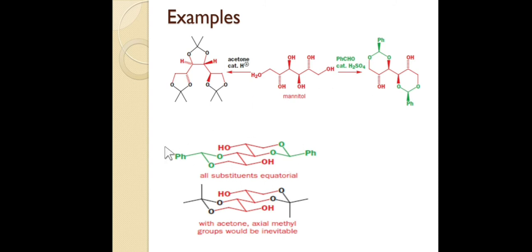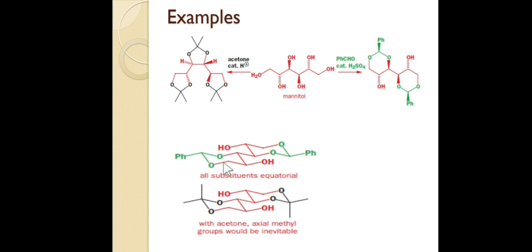So this is again a nice image from Clayden. Okay, you all know that organic chemistry book by Clayden. So in this they have already shown us a very nice chair and the mechanism. So all substituents are equatorial in this case, so this is very stable.